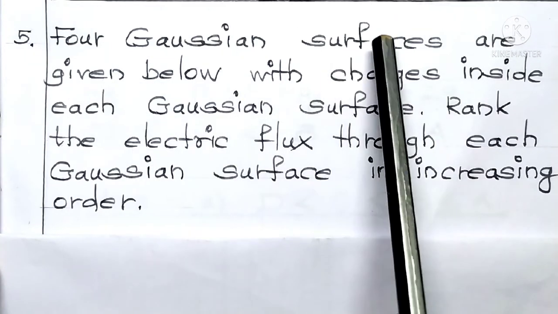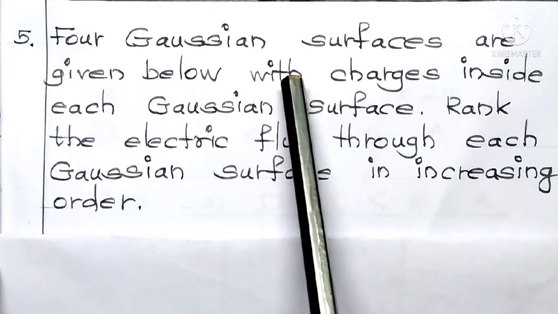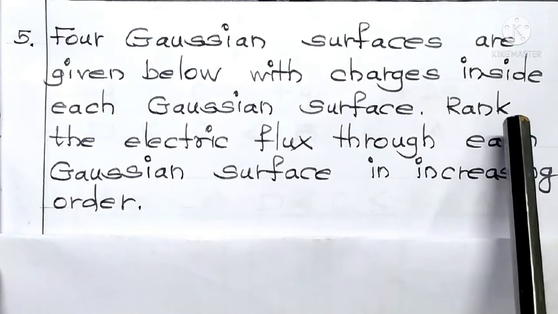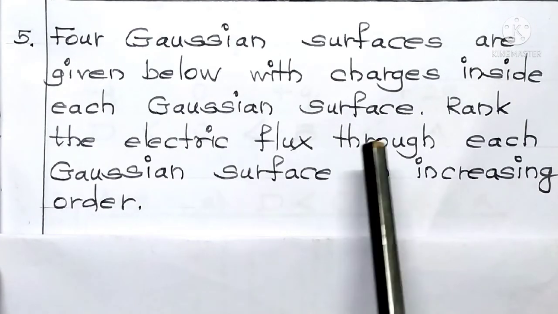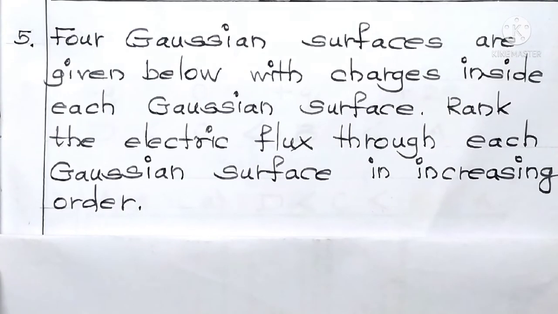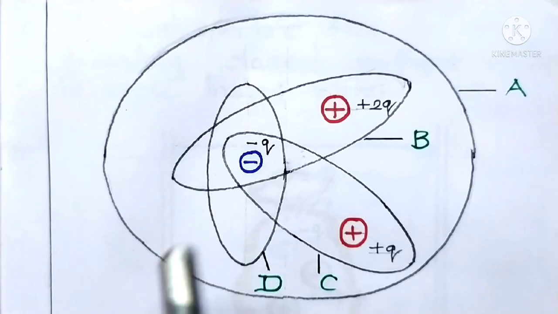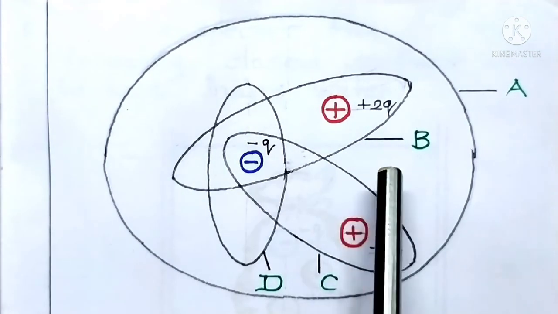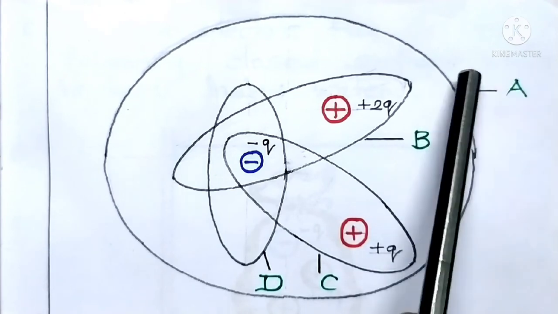4 Gaussian surfaces are given below with charges inside each Gaussian surface. Rank the electric flux through each Gaussian surface in increasing order. Here comes the diagram. Have a closer look at this diagram. Here you can see 4 Gaussian surfaces.